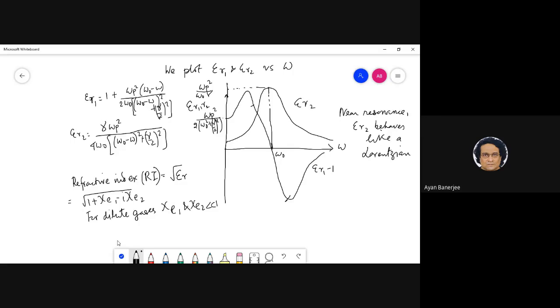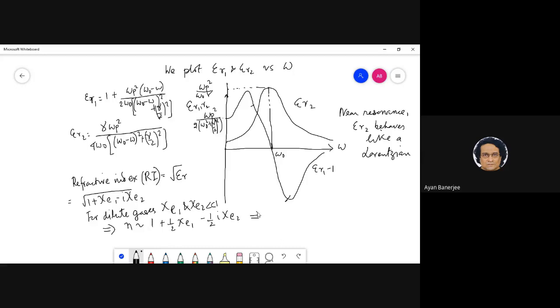But for this, it is not a problem, and we essentially say that your n becomes 1 plus half chi e1 minus half i chi e2, with all higher order terms neglected.